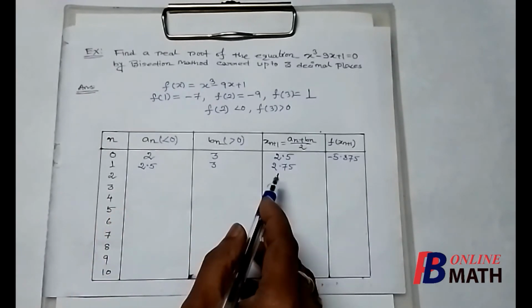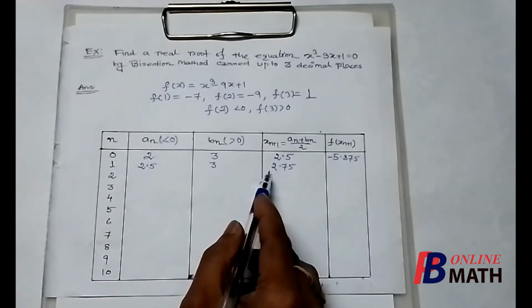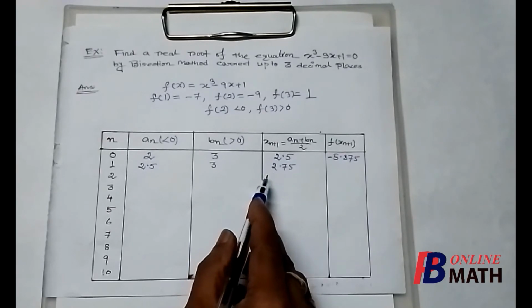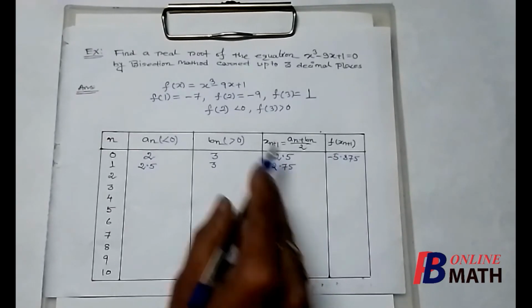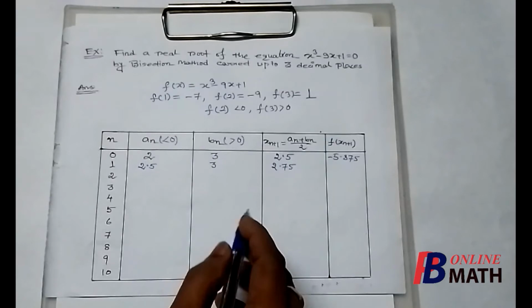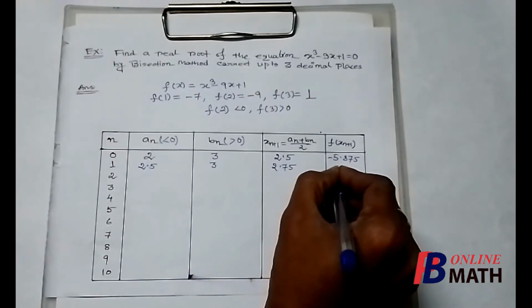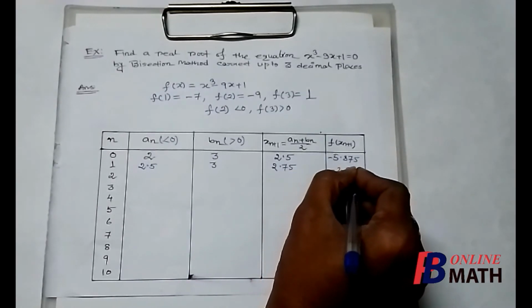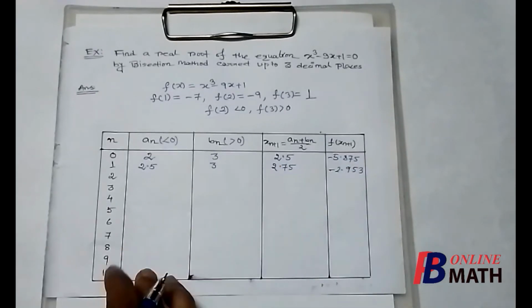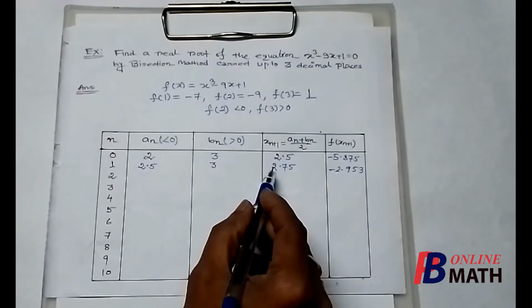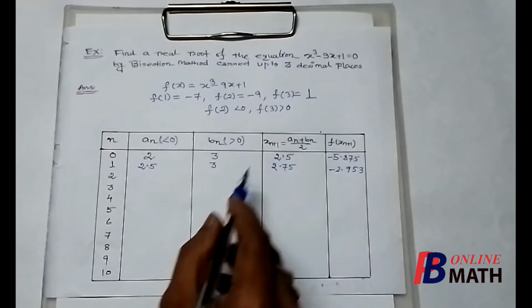Now we shall find the functional value at this point 2.75. If we put x equal to 2.75, then we shall find that this functional value is minus 2.953 approximately.